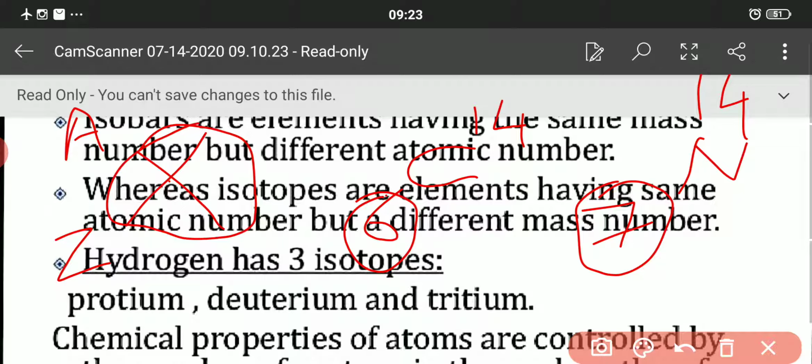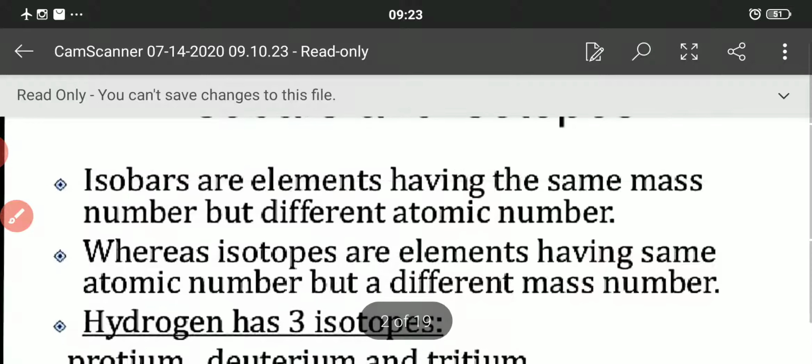So 6 is the atomic number and 14 is the mass number of carbon. Another element is nitrogen, having atomic number 7 and mass number 14. So here the mass number of both is the same, but atomic number Z is different. So these two are isobars of each other.